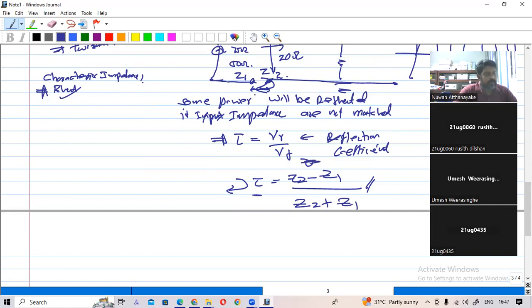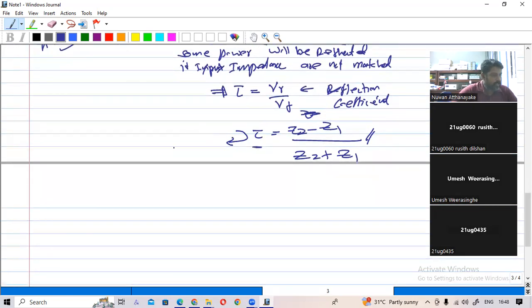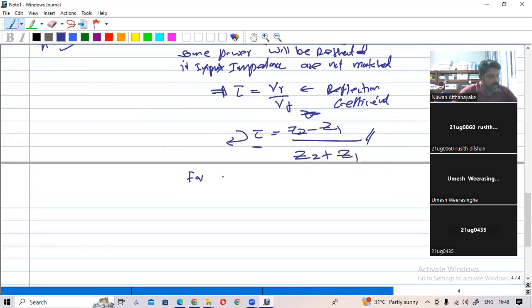So when we are sending the signal from one impedance to another impedance, we have to match that impedance, make them equal. Actually, for complex impedance, we have to do conjugate matching.